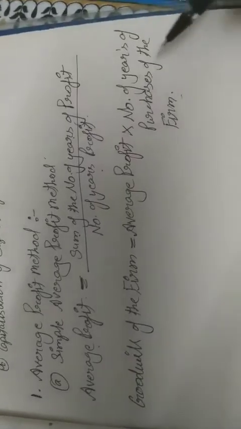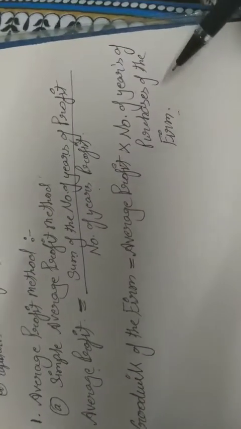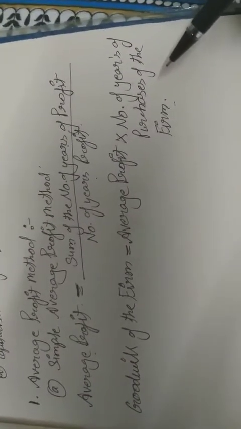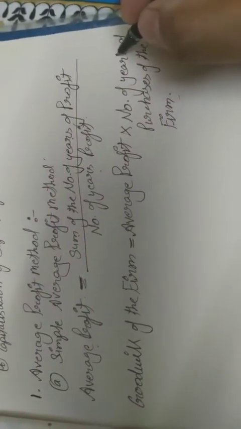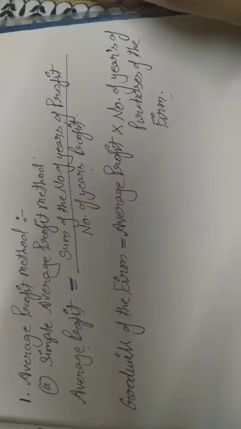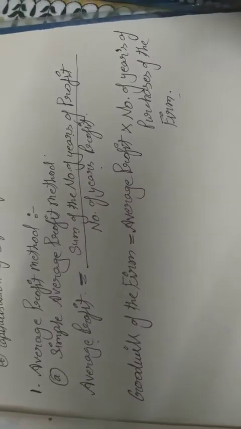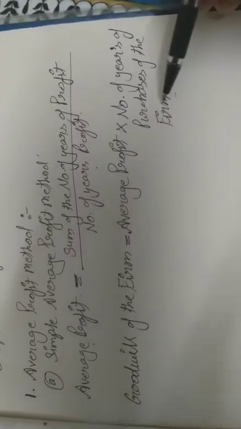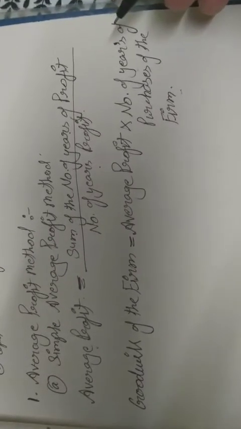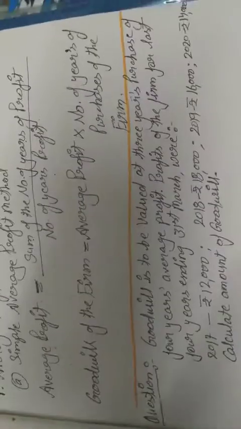We only have to calculate the average profit from the information given in the question. After calculating the average profit, we will multiply by the number of years of purchase. For example, if 2 years of purchase is given in the question, we will multiply by 2. Now I am solving one question related to this method so you can understand easily. Let's see the question.